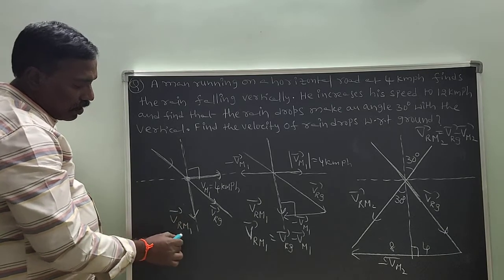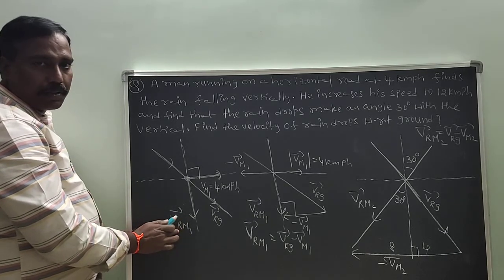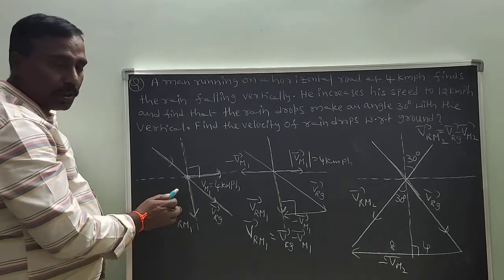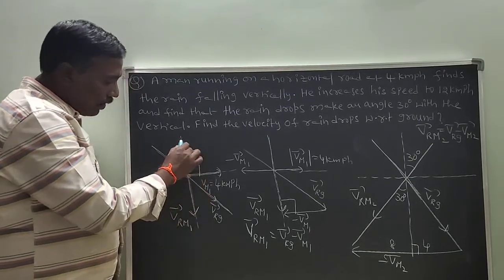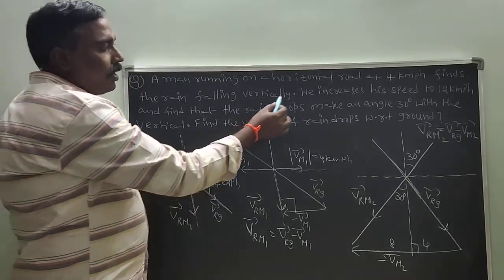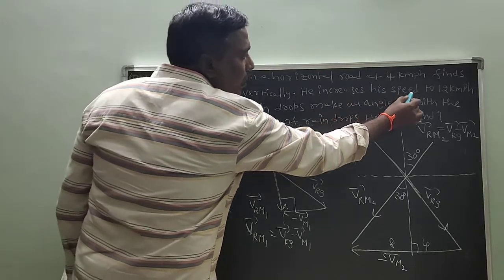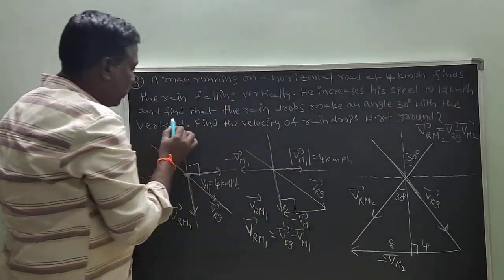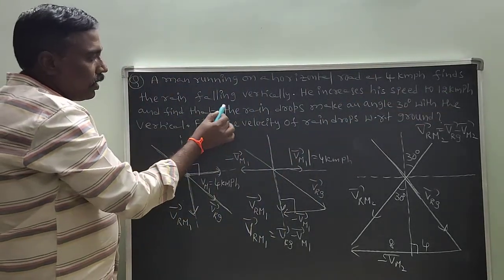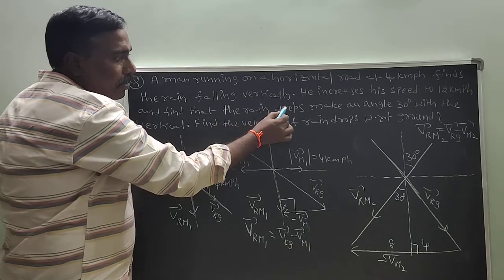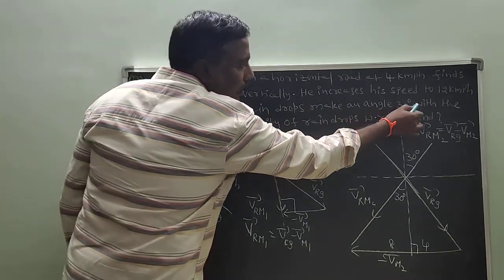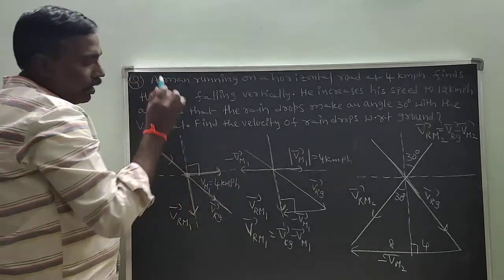That means velocity of rain with respect to man is vertically down. He increases his speed to 12 km per hour and finds that the rain drops make an angle 30 degrees with the vertical.